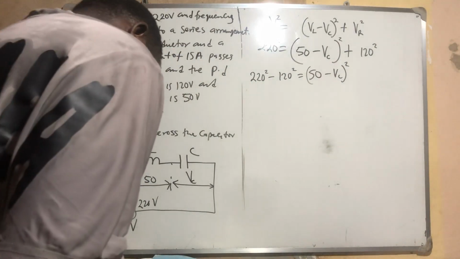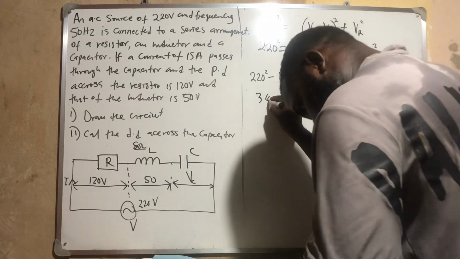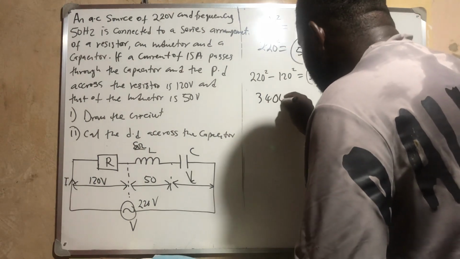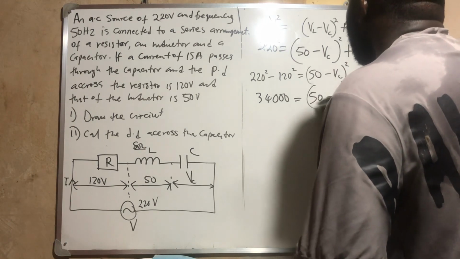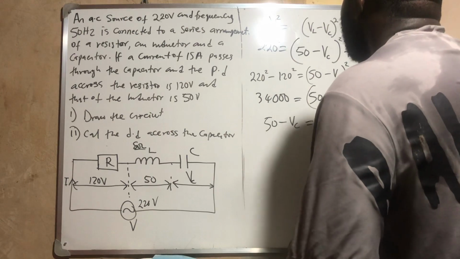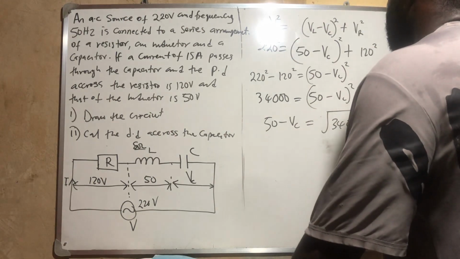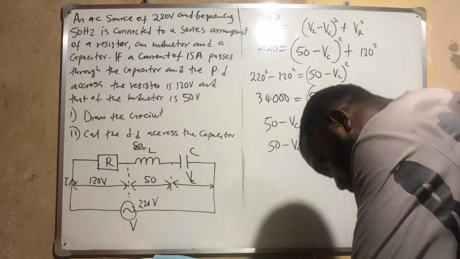If you do this, you'll have 34000 is equal to 50 minus VC all squared. So 50 minus VC is equal to the square root of 34000. So 50 minus VC is equal to what?